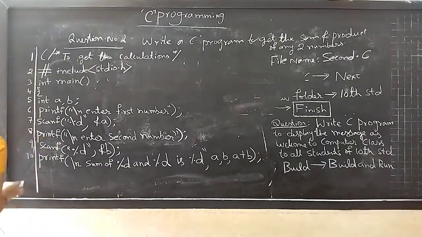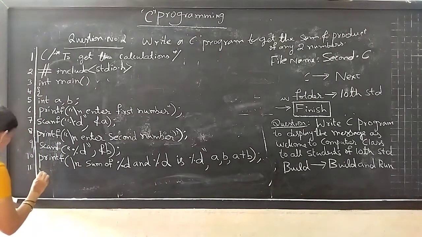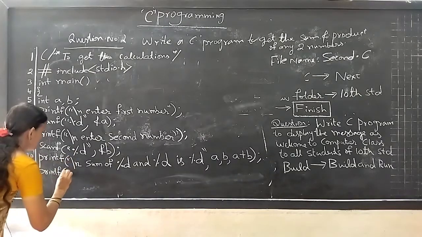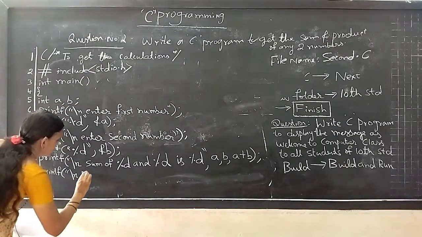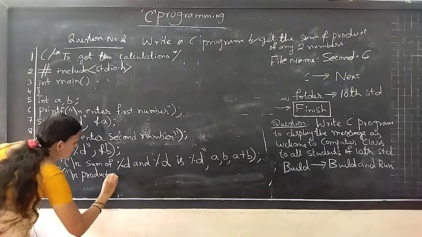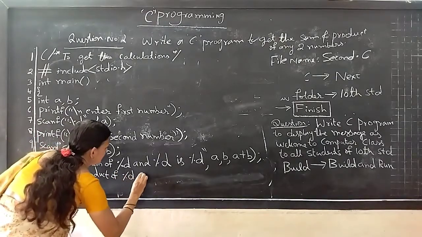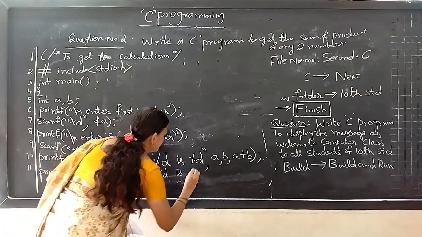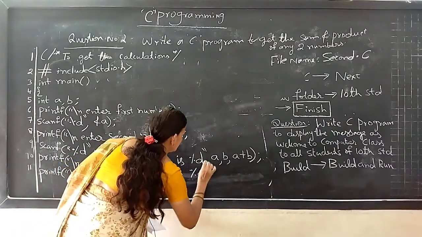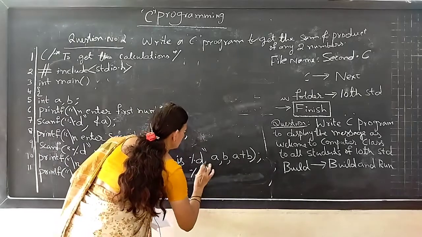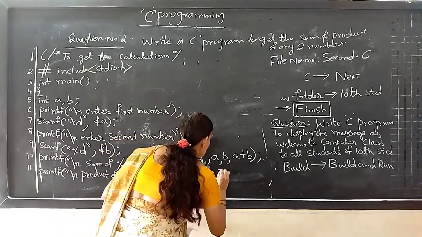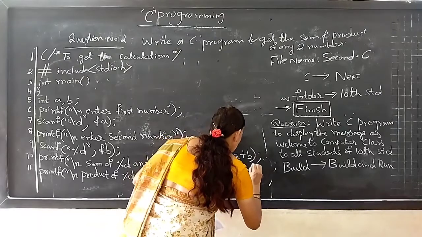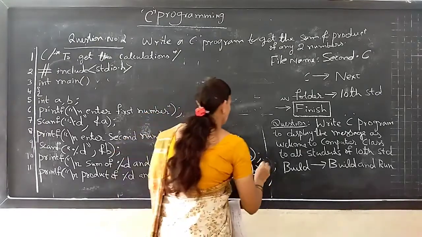So again we should write printf, double quotes, product of percentage d and percentage d is percentage d, close quotes, then comma a comma b, then comma a into b, what it means, a multiplied by b, semicolon.